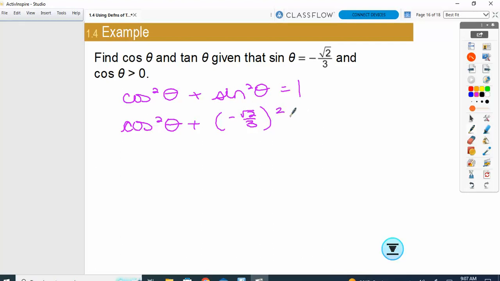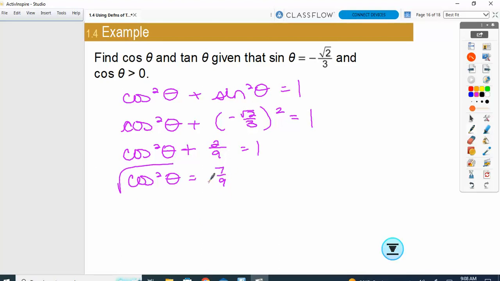We have to square that. So negative radical 2 times negative radical 2 is positive 2. 3 squared is 9. Subtract that over, so 1 minus 2 ninths is 7 ninths.